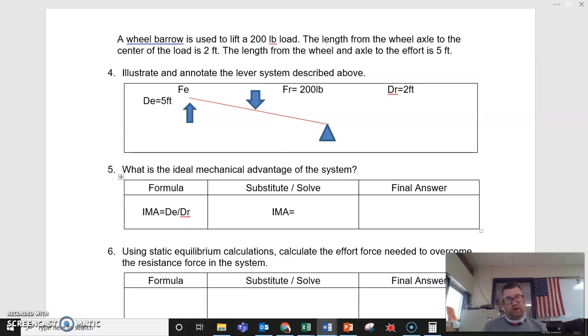We're solving for IMA. So IMA equals 5 feet, because that's our effort distance, divided by 2 feet, which is our resistance distance. So IMA equals 5 divided by 2, so that's 2.5. Again, IMA is a ratio, so it does not have a unit.